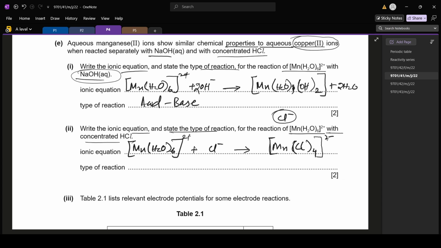So the overall charge is -2, plus the water molecules, and there are 4 chlorides. Okay, so this is a ligand exchange reaction.